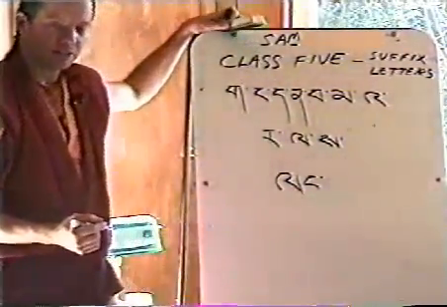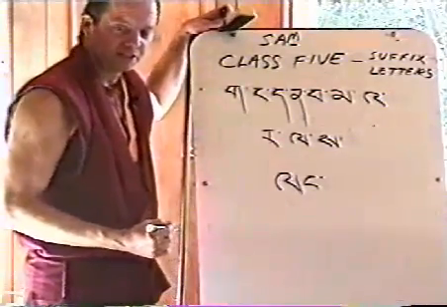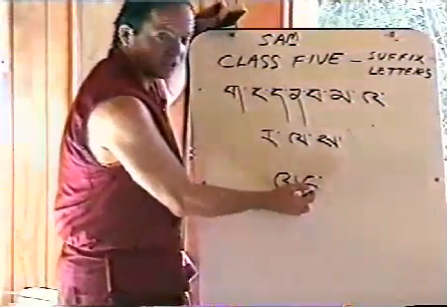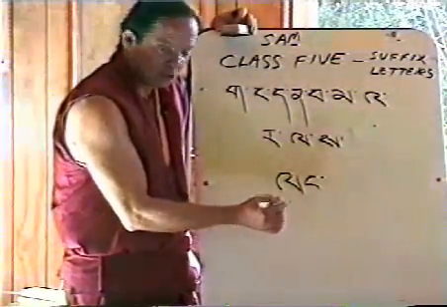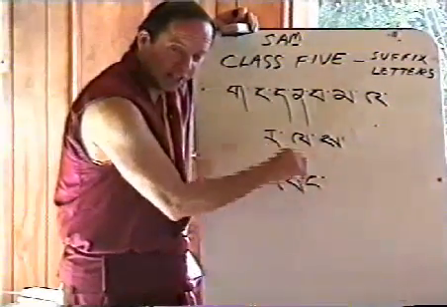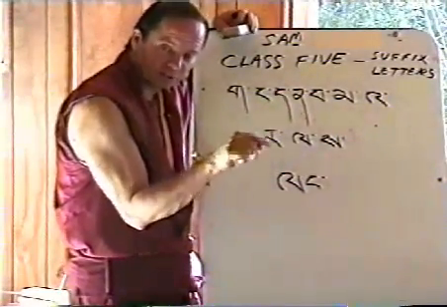Lang. What you would expect. You see, you don't say langa, okay? This is nga, but when it becomes a suffix letter, its natural a vowel disappears. You don't say langa, you say lang. Suffix letters, natural a vowel disappears.